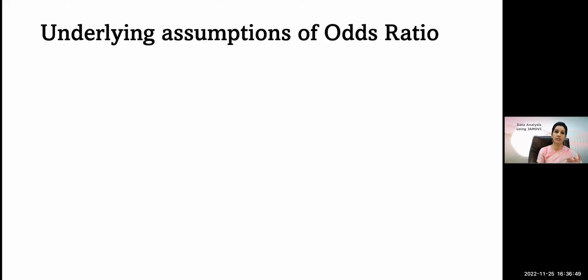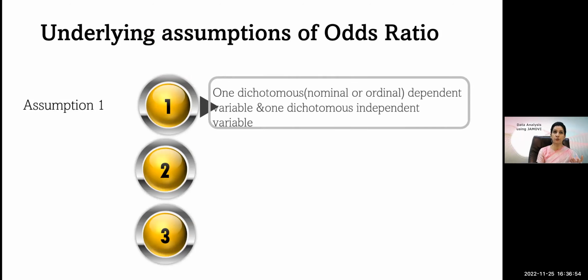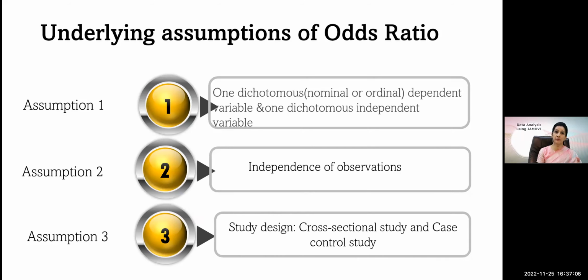The underlying assumptions of odds ratio are, again, one dependent variable which is dichotomous, and another independent variable which is again a dichotomous variable. There should be independence of observation, and it is applicable for case control studies and analytical type of cross-sectional studies.